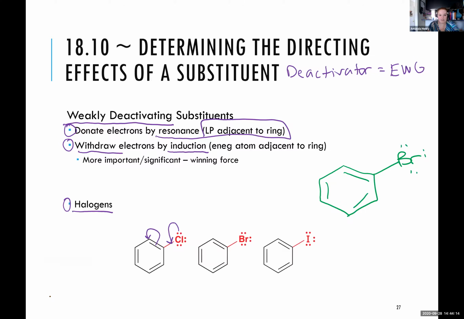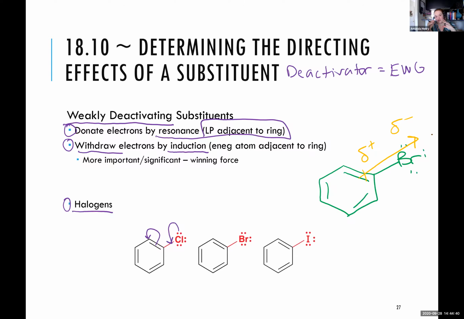Our halogens in general are more electronegative than our carbons. So because it's more electronegative, within that bond between the carbon and the halogen, our halogen is partially negative, our carbon is partially positive. So we can show a dipole moment going towards that halogen. This is that electron cloud thing again.